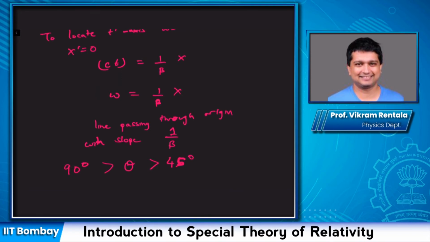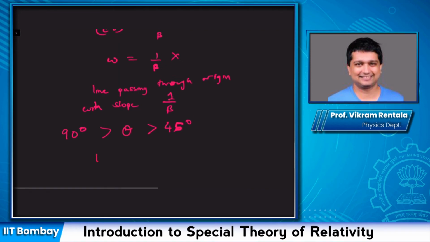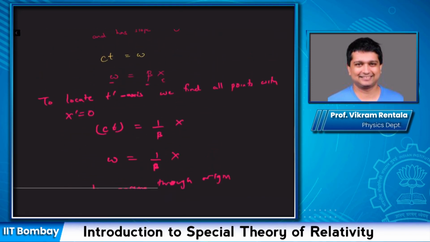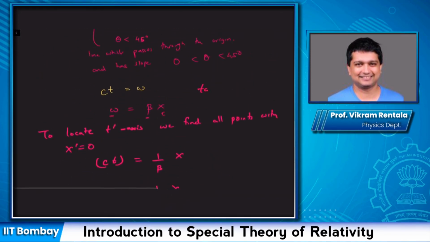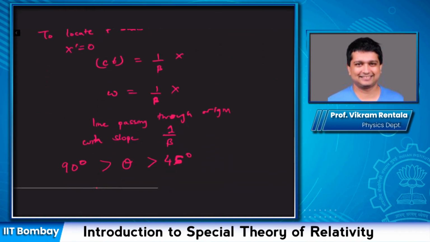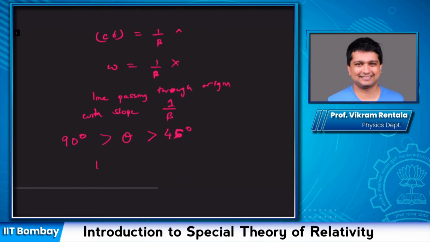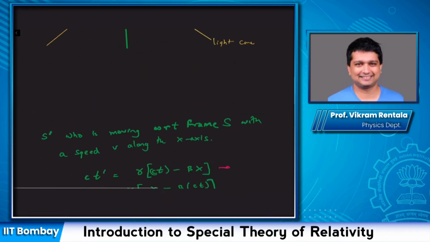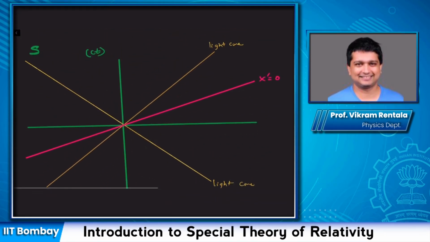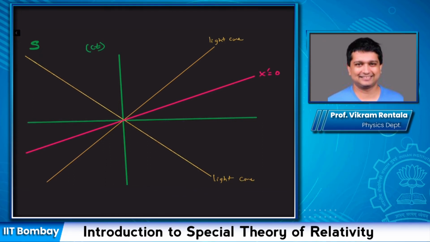Remember that in the previous case, tan theta was beta. In this case, the slope of the line for which x prime is 0 would be 1 by beta. So let's draw that over here.